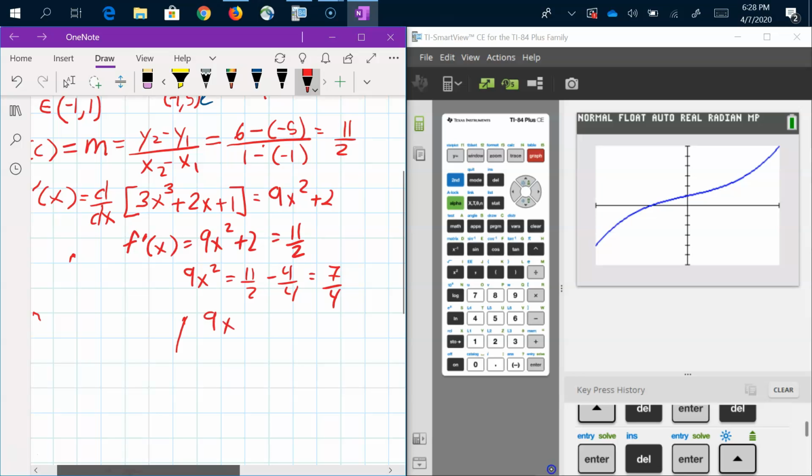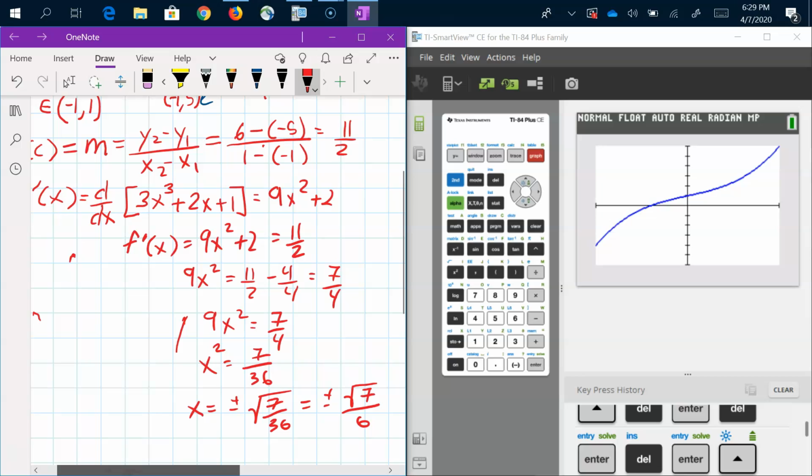So 9x squared will be 7/4. I'll divide by 9. And then apply the square root. So it's going to be plus or minus the square root of 7 over 6.